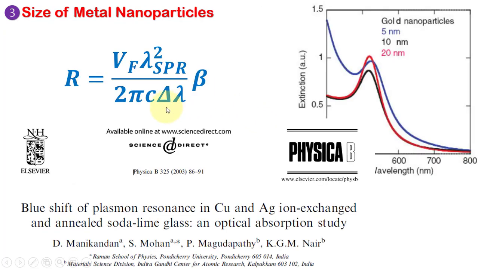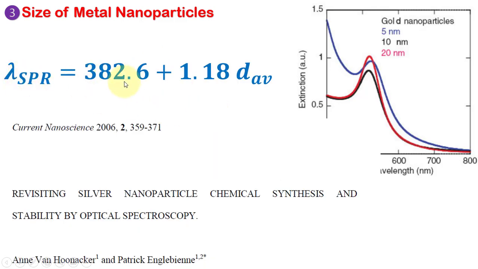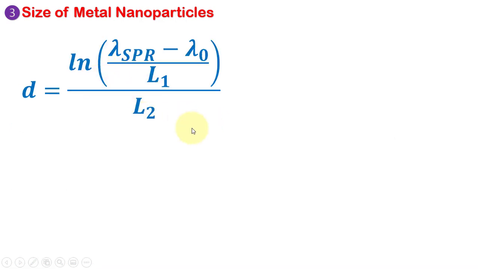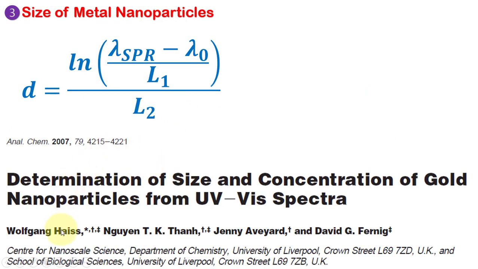For example, in this article, radius of a nanoparticle is calculated from the Fermi velocity, surface plasmon resonance, and full width at half maximum. In this article, the average diameter is calculated from the location of the surface plasmon resonance. However, I prefer to calculate it with the Haiss equation.